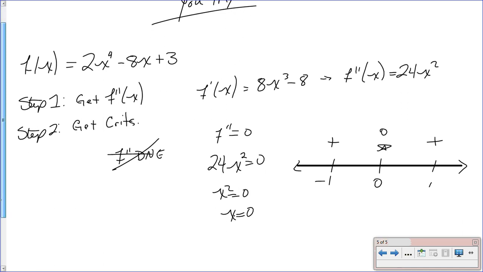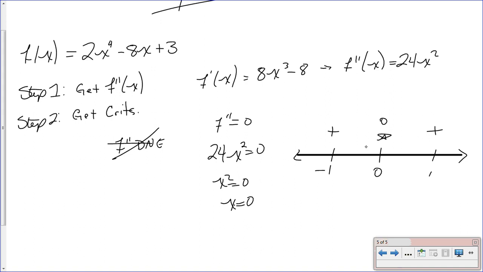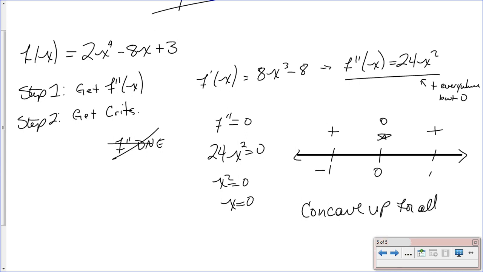So what does that mean? That means that our graph, since this is positive everywhere but 0, and this confirms that it's positive here, and 0 here, our function 2x to the fourth minus 8x plus 3 is concave up for all except where x equals 0.